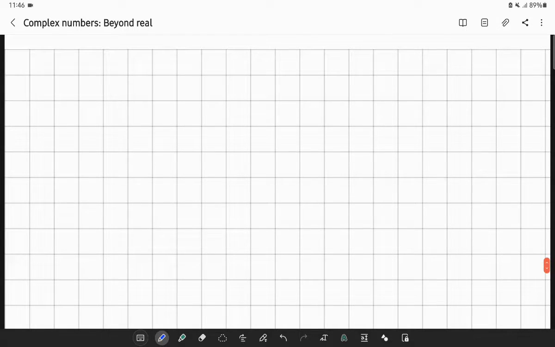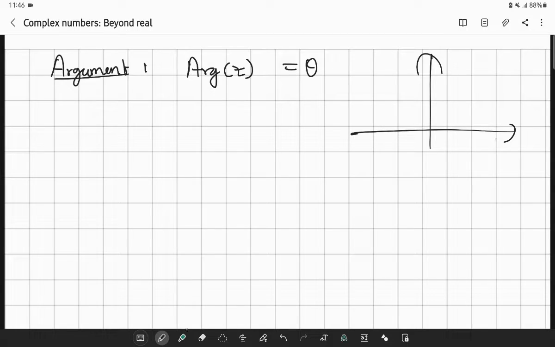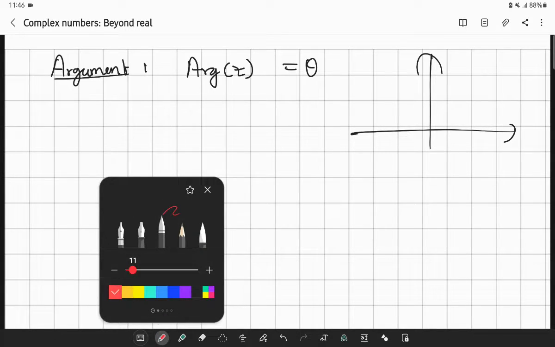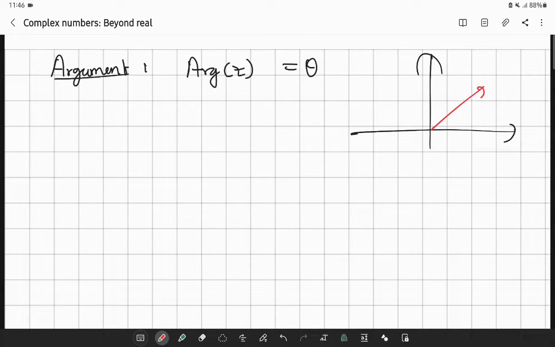By argument, I mean the angle here, of course. This is the argument, the second operation. By argument of z, I mean the theta. Which theta do I mean exactly? This theta, from the real axis moving to the vector.